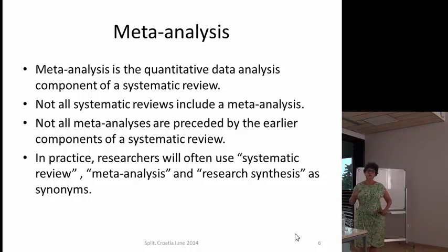Unfortunately, at least in some fields, not all meta-analyses are preceded by a rigorous systematic review, which creates the opposite problem, which is that you don't exactly know where the data came from or whether they met scientifically rigorous criteria for inclusion in the study, but once they get there, you're very scientific about it.